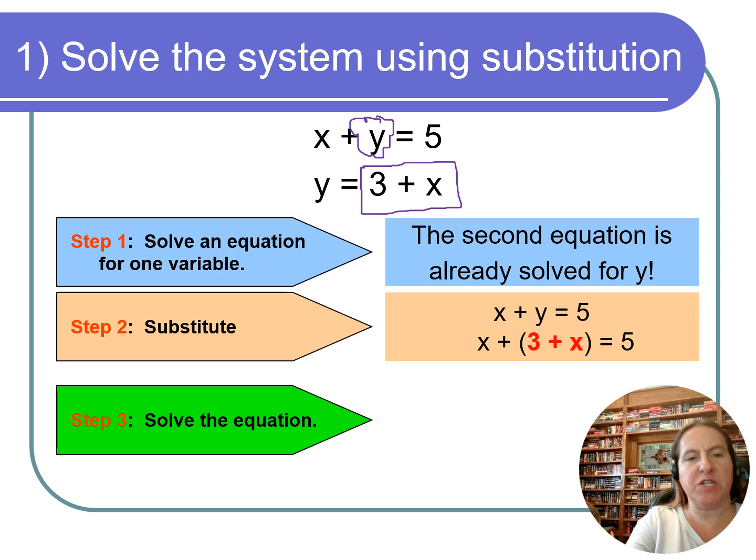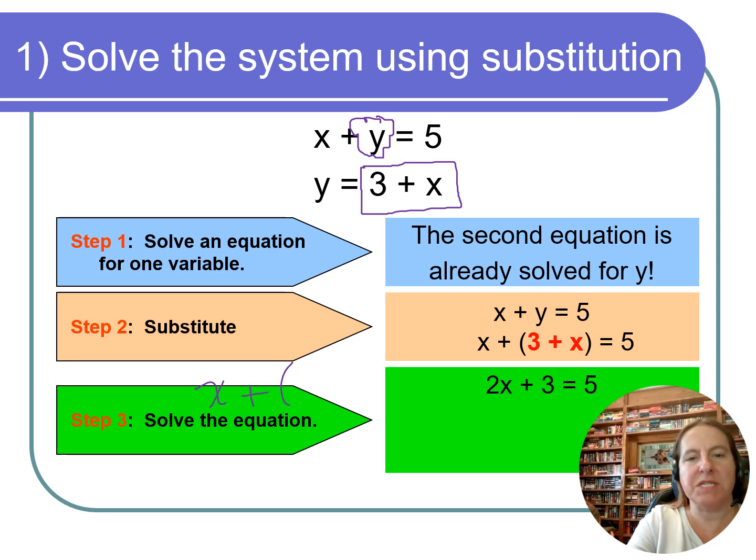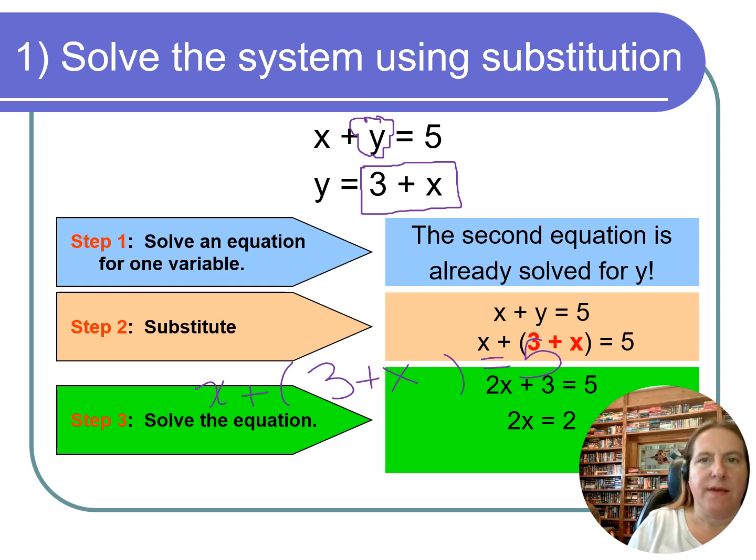So I'm going to substitute, and this is going to become x plus, now instead of y, I'm going to put 3 plus x equals 5. We can just write this out as x plus 3 plus x equals 5.